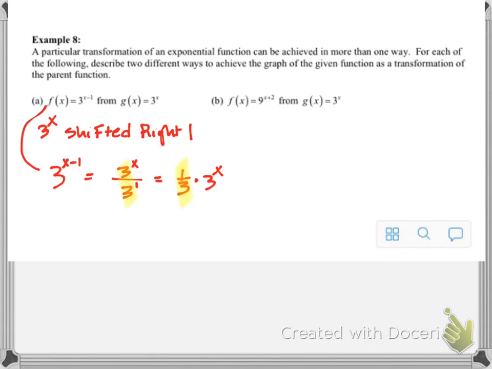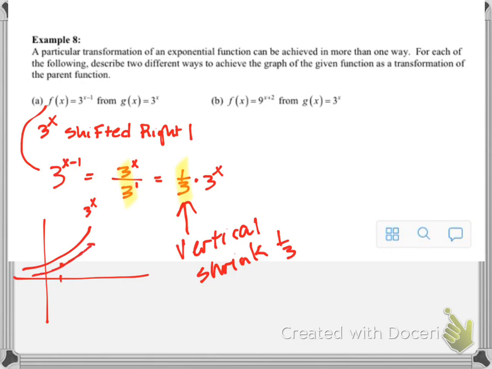That's our a times b to the x, where a, our initial amount, is 1/3 times b, which is 3 to the x. Okay, it's a little bit different perspective. It means instead of shifting to the right one, we're now looking at something that looks like a vertical shrink of 1/3 on the 3 to the x curve, and it is. You could look at this as a vertical shrink of 1/3.